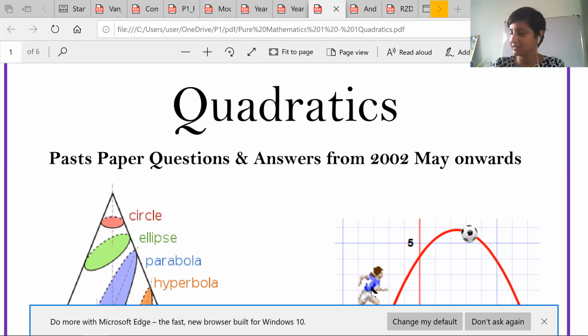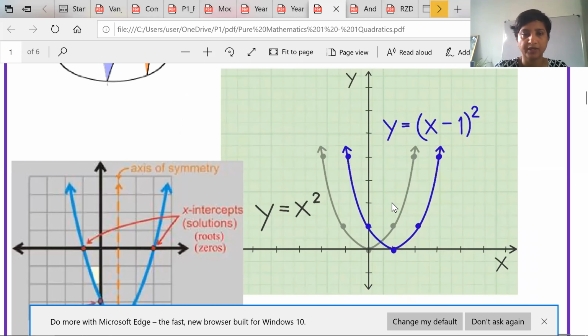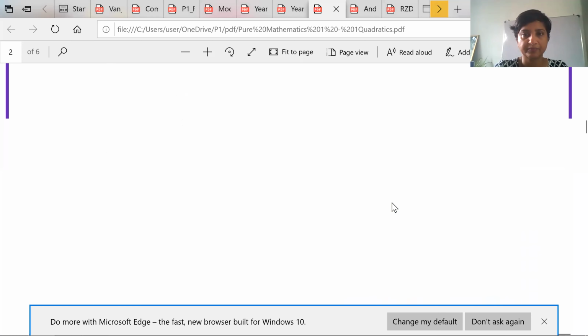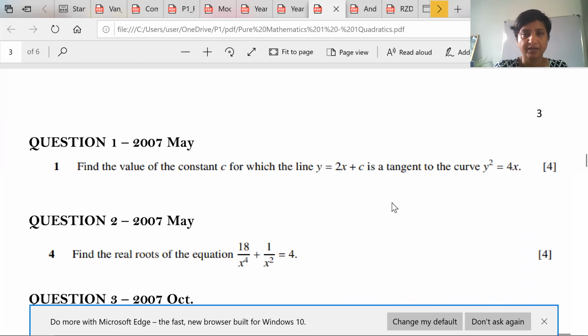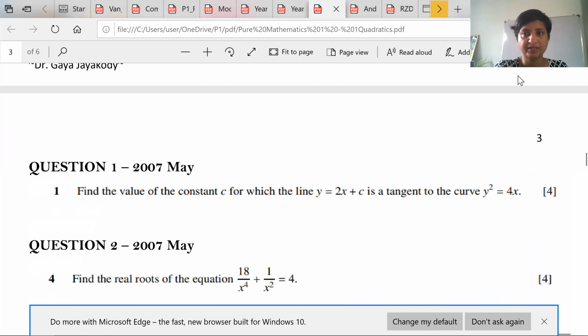So if I take you to the quadratics booklet, let us do a few problems where everything that we have learned so far would come together. Now I hope you have picked out the questions that we have already done. This first question, did we do?